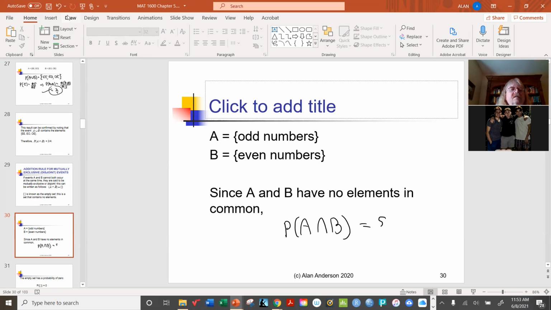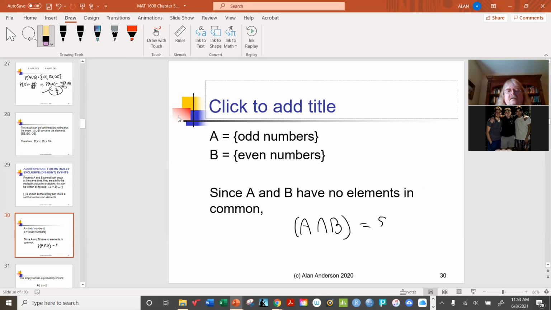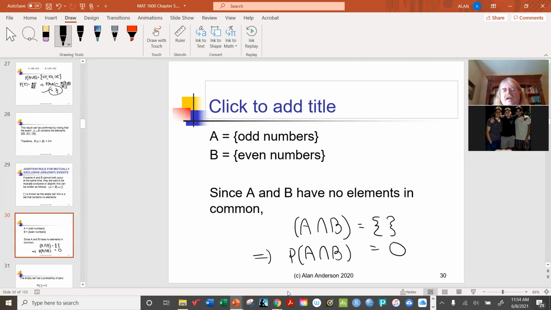Sorry, I wrote it wrong. And this implies that the probability of this happening is 0. In other words, what's the chance that the intersection has an element from both? 0.